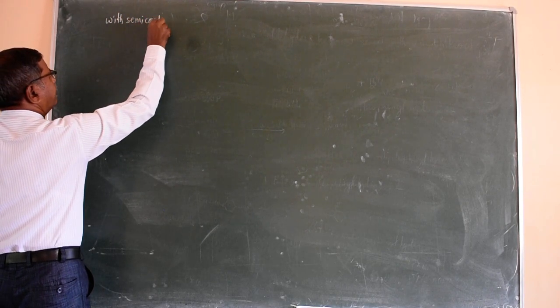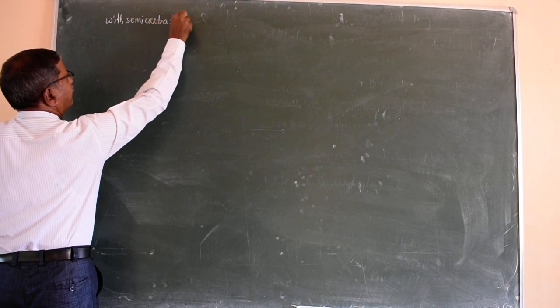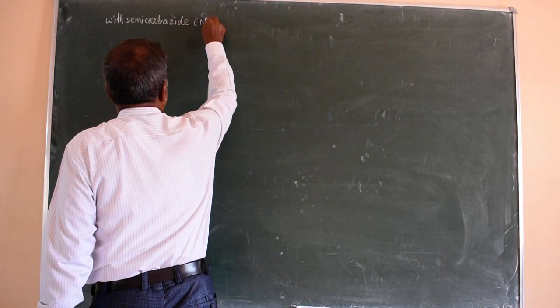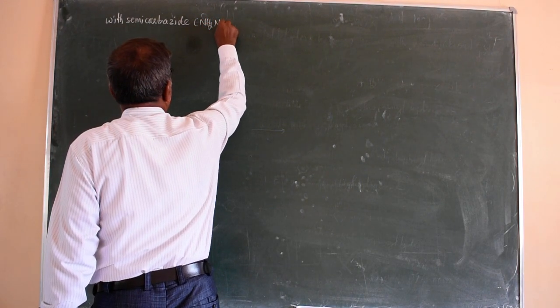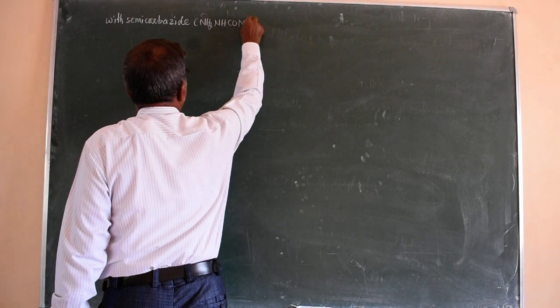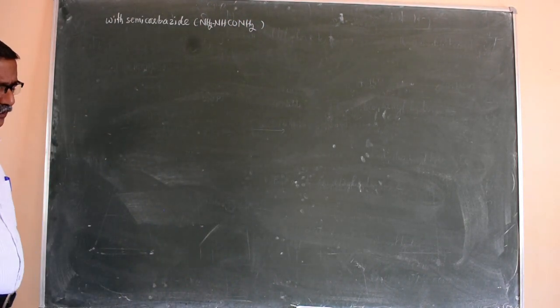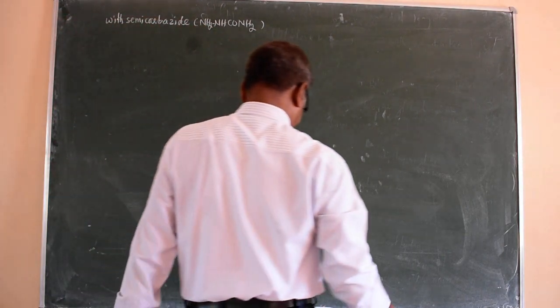The formula for semicarbazide is NH2NHCONH2. So the product is semicarbazone.